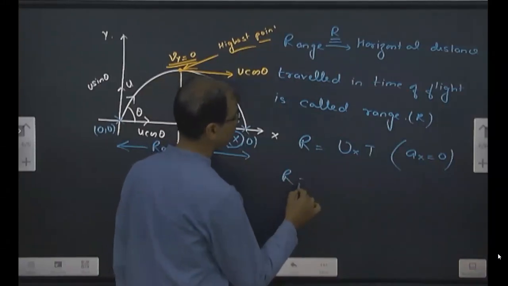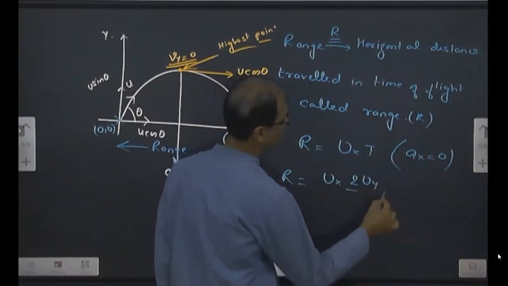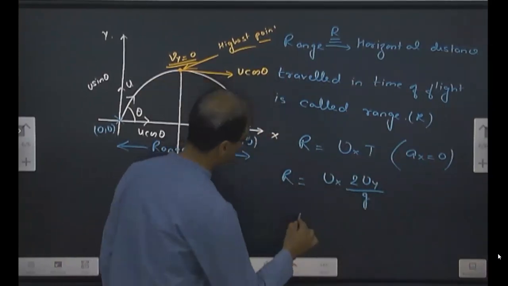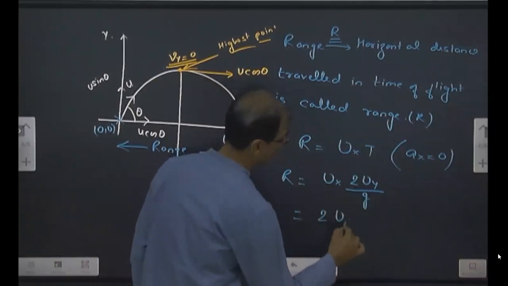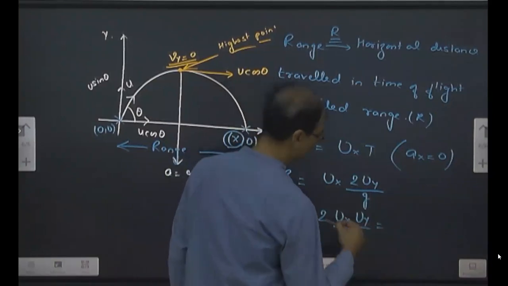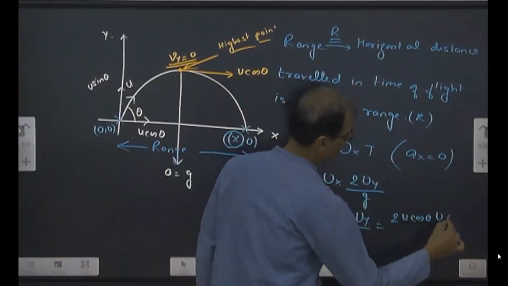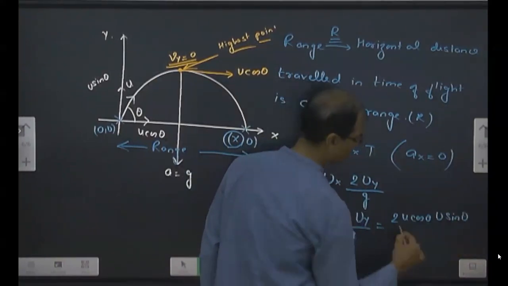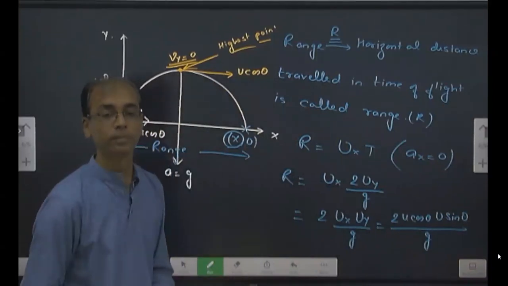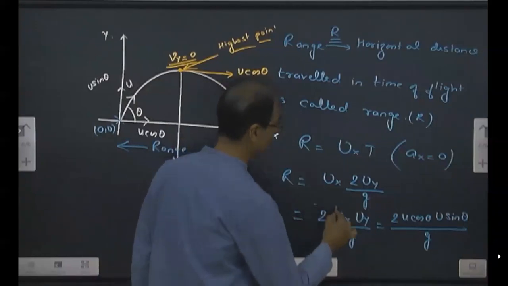Okay, what is time of flight? Time of flight is 2uy by g. Range formula, remember this formula also: 2 ux uy by g. Put ux and uy, 2 u cos theta, u sin theta by g. The general formula that we remember for range is u square sine 2 theta by g, but this formula is equally important.